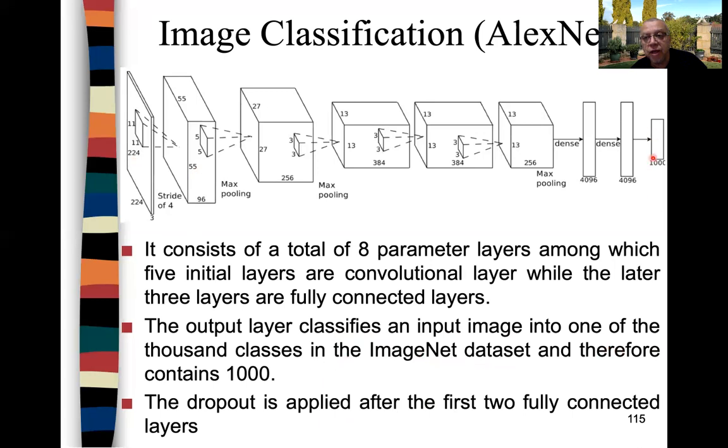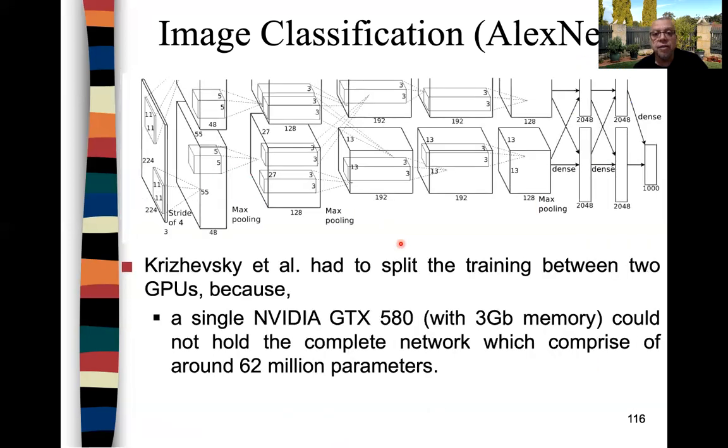That's why you have at the output 1,000 nodes, fully connected. These are the convolution layers with the max pooling. And here you have a dropout, which is applied after the first 2 fully connected layers.